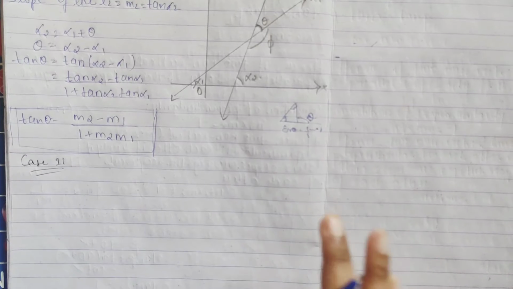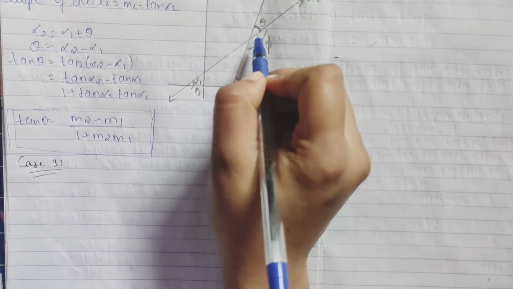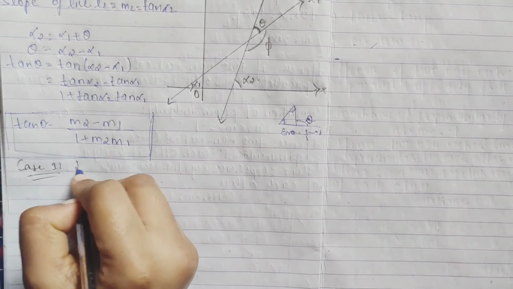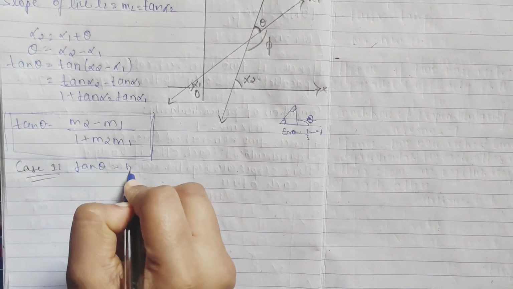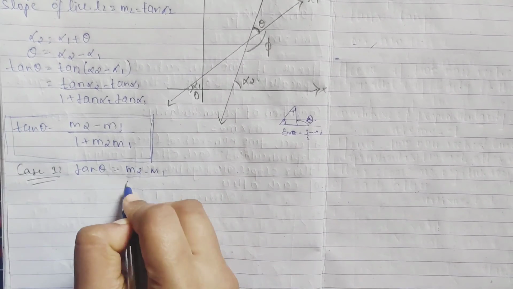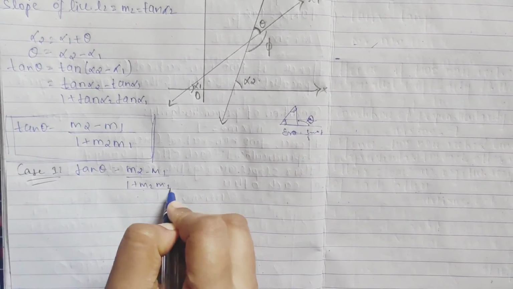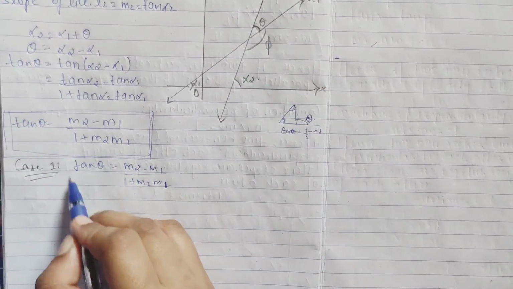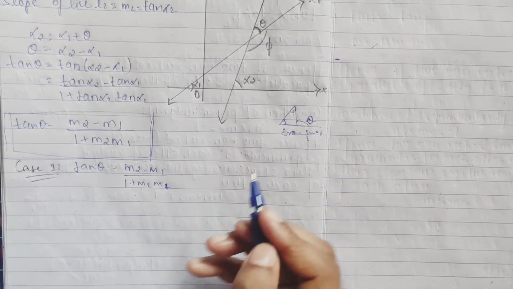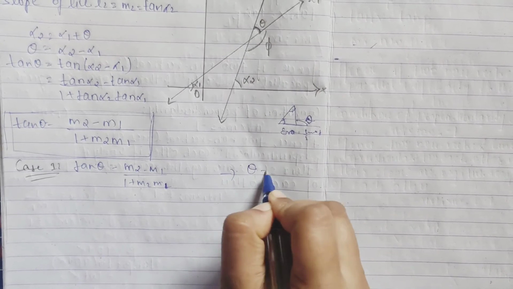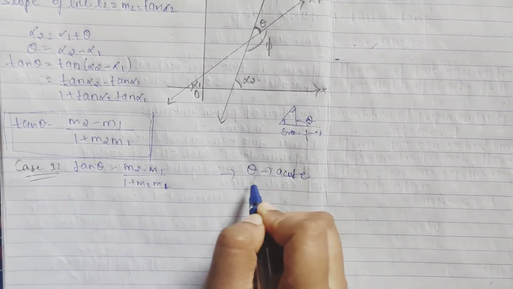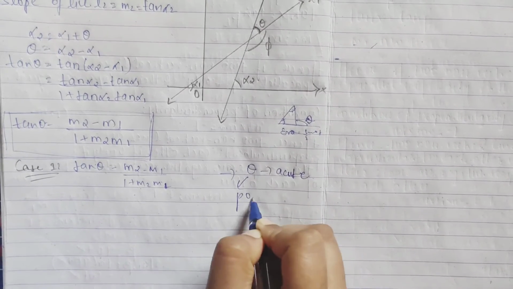Now as I said, we are taking this as acute and obtuse, both will be there. So suppose tan theta is equal to m2 minus m1, whole divided by 1 plus m1 into m2. If this is an acute angle, obviously this will be positive, so this factor must be positive, okay. So when theta is your acute angle, it will be positive.